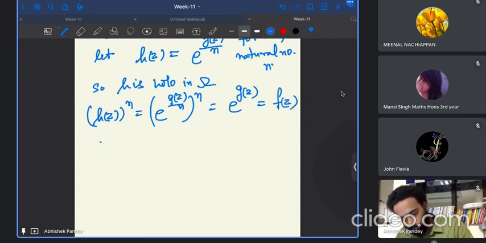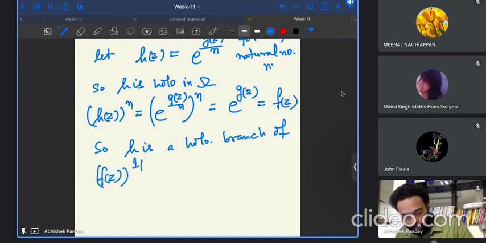So h is a holomorphic branch of f(z) to the power 1 by n. So these are equivalent.